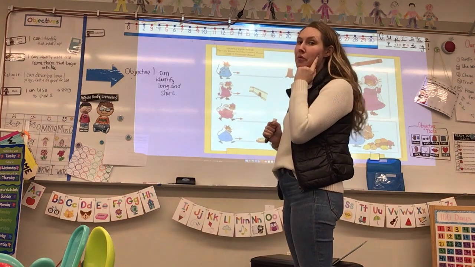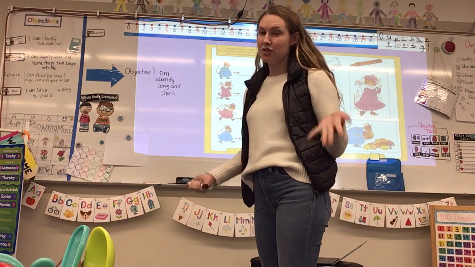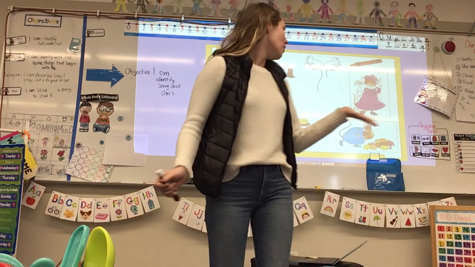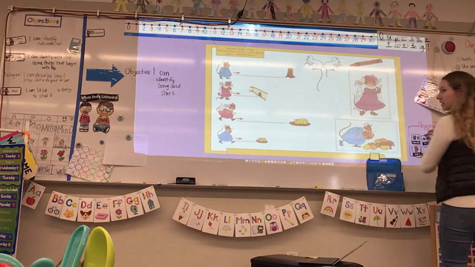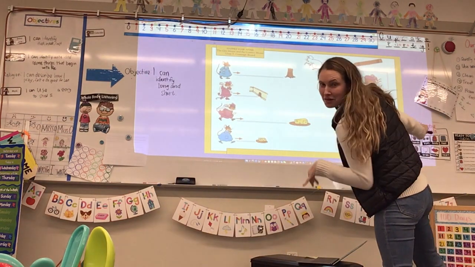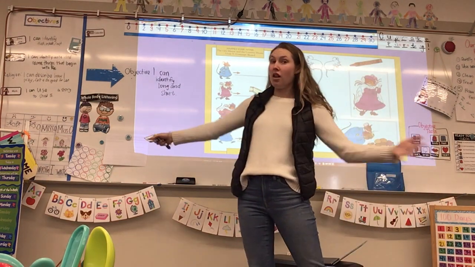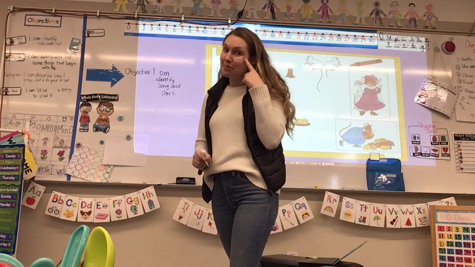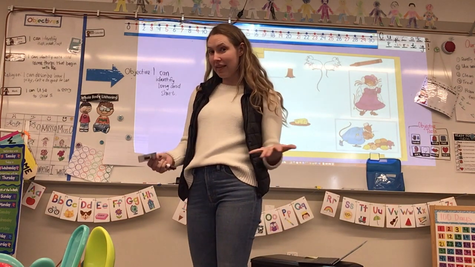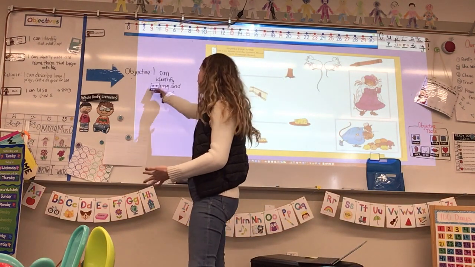So let's think about what tools we might need to master this objective. Over here we've got our objective tools. I know you can't see them, but they're over here. I'm thinking that in order to think about things that are long and short, I'm going to need my eyes because I'm going to need to look at them to see whether or not they are long and short.